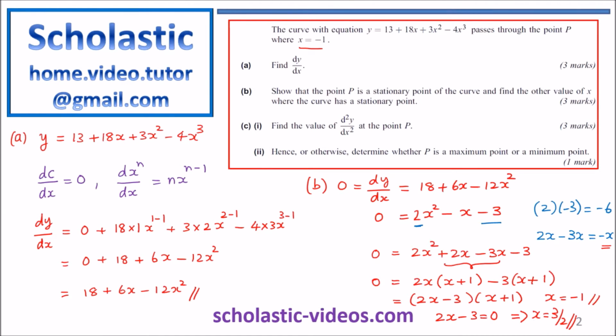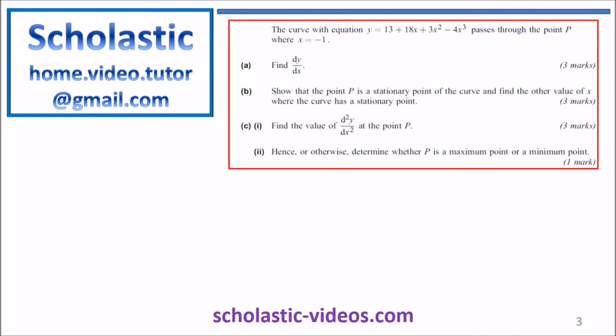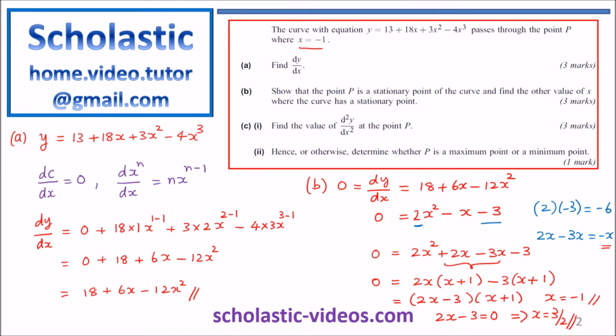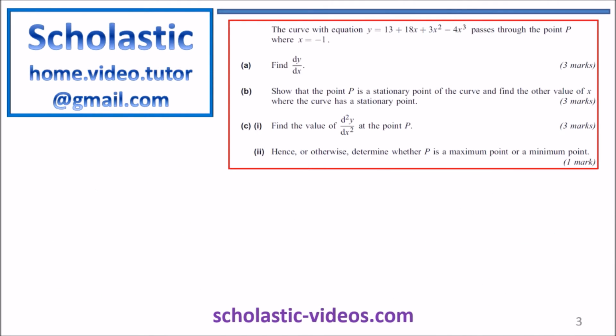Now we look at part C, in which we need to find d squared y by dx squared. So we need to differentiate dy by dx, that is 18 plus 6x minus 12x squared, again. We already have dy by dx equals 18 plus 6x minus 12x squared.